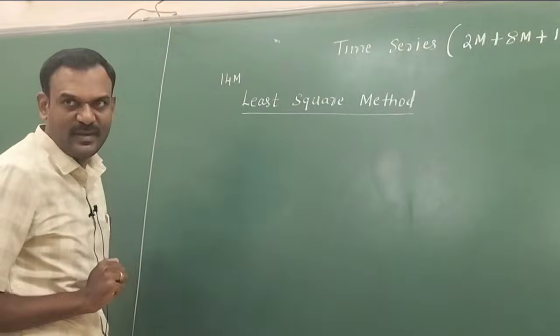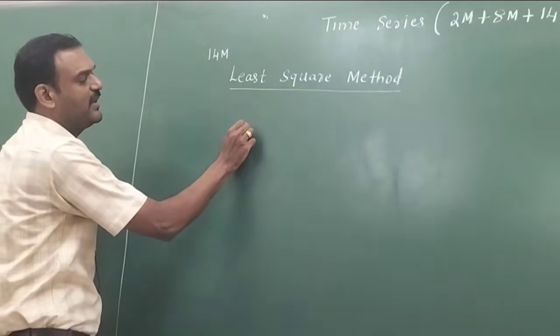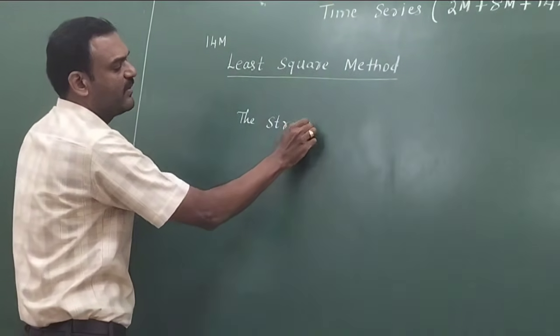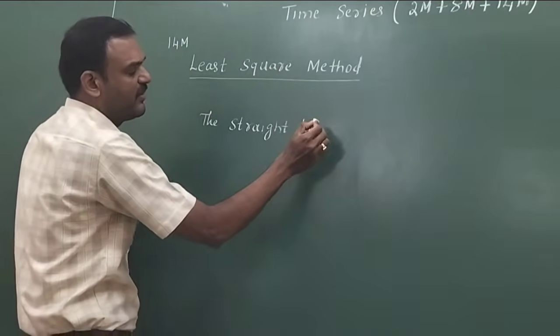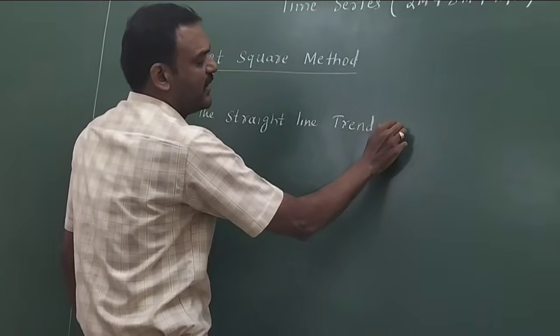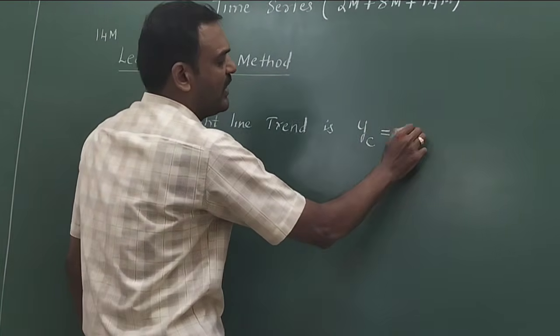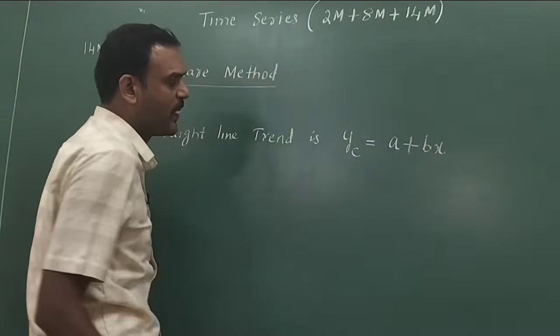In this, there is a small formula for the straight line trend. The straight line trend is given by Yc equals A plus BX.